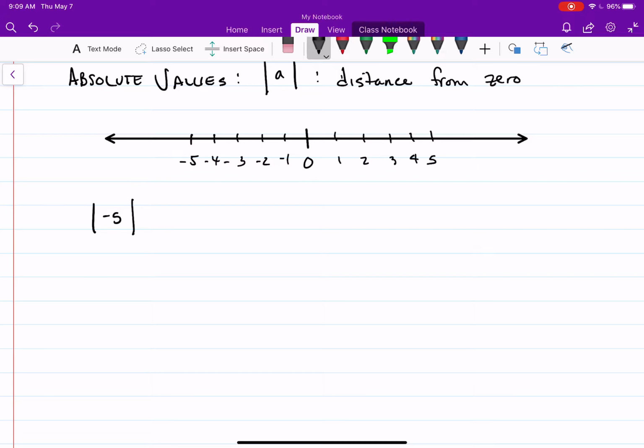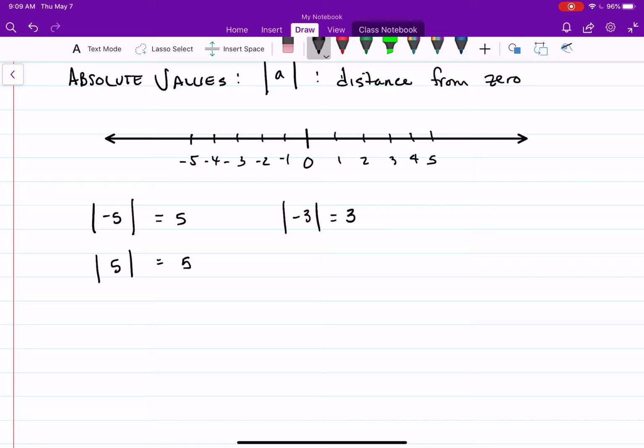There are 5 spaces. If I said the absolute value of 5, how far is 5 away from 0? Still 5. How far is the absolute value of -3? How far is -3 away from 0? 3 spaces. Now, you're like, well, that's pretty easy. We just take the inside number, make it positive, and we go.